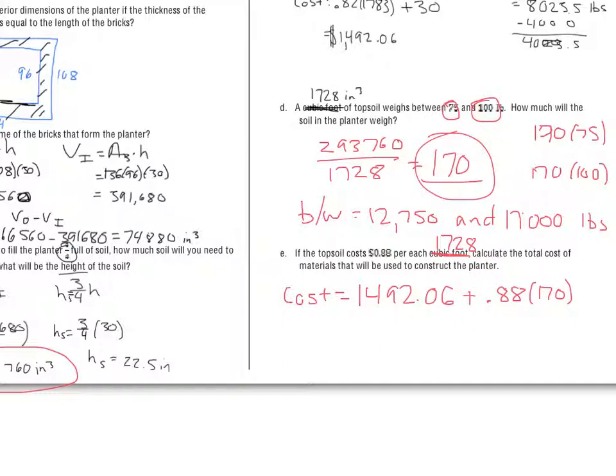So once we calculate that out, the 88 cents times the 170 tells us the soil will cost us $149.60. And if we add that to the cost of the bricks, we'll get a total of $1,641.66.